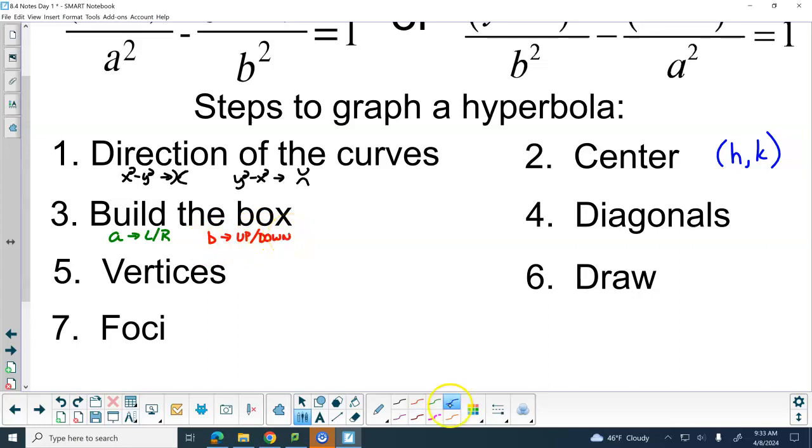Both of those are from the center. Then we draw in our diagonals and come up with y equals mx plus b for both of them.